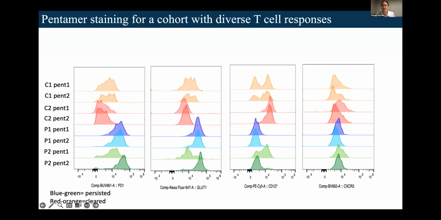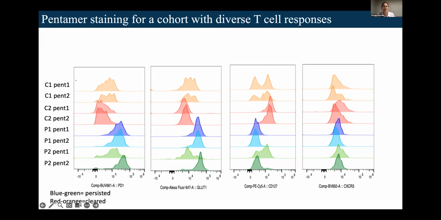And then from there, the last slide I just wanted to show was we are actually able to phenotype these HCV-specific pentamer positive CD8 positive T cells. So in red and orange are HCV-specific T cells from individuals who cleared their initial HCV infection, and in blue and green are the HCV-specific CD8 positive T cells from individuals who went on to have persistent HCV infection.